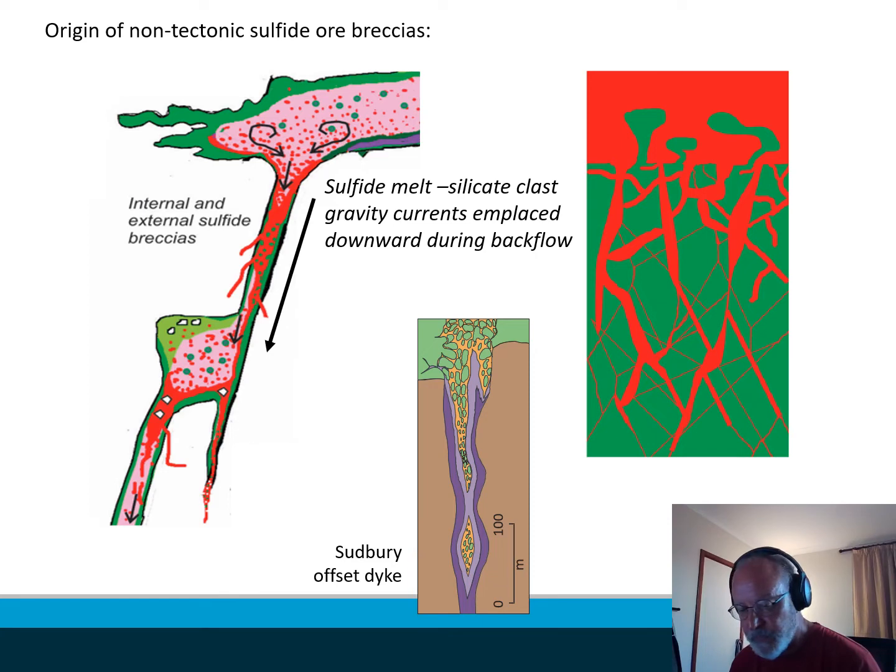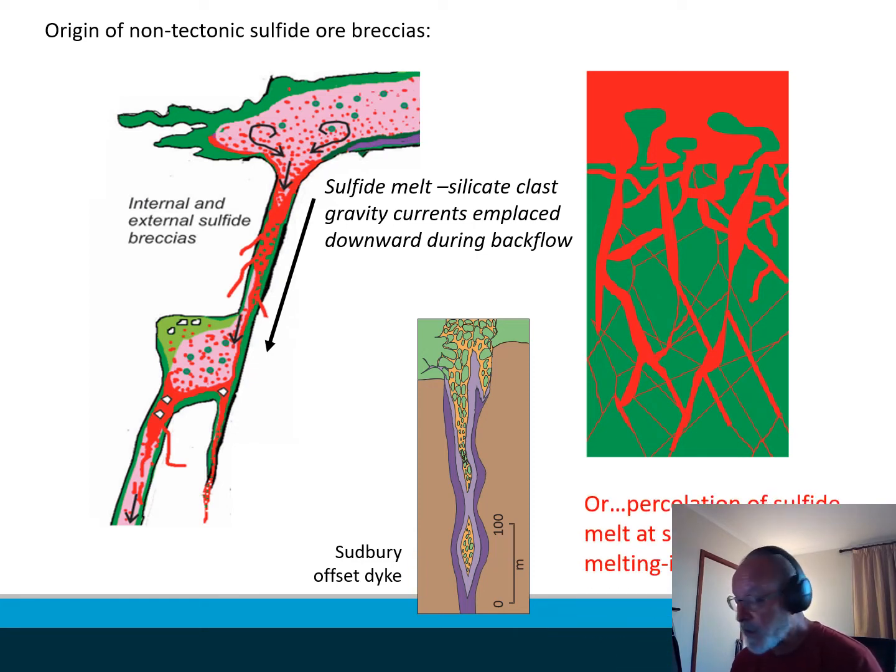But this is a very specific occurrence, which happens because Sudbury represents a gigantic impact event. But we do see some of the features which are quite characteristic of the Sudbury offset dikes in other deposits as well, which didn't form that way.